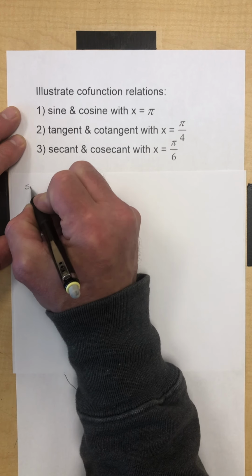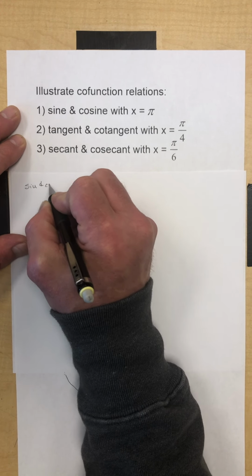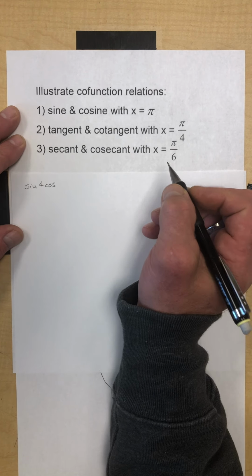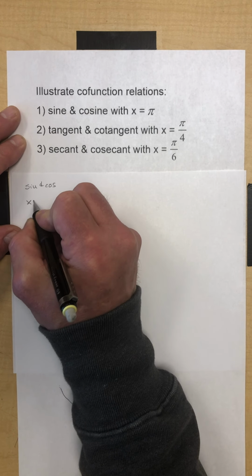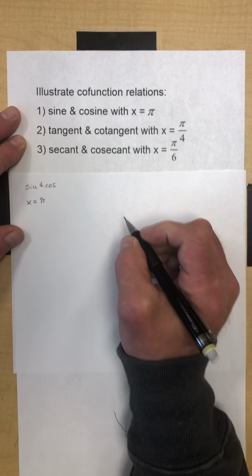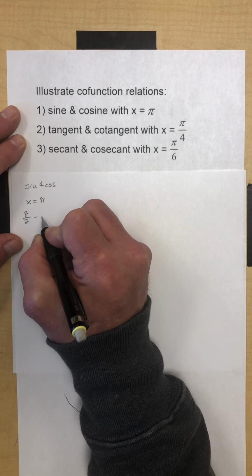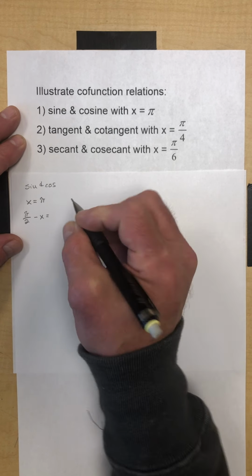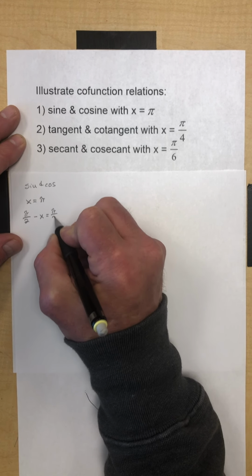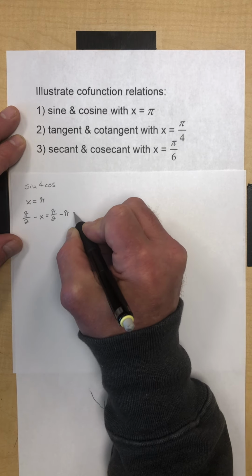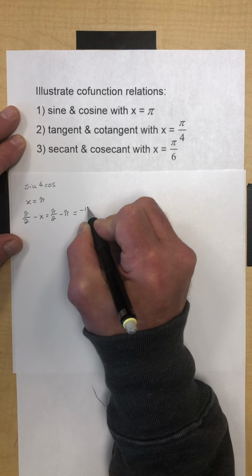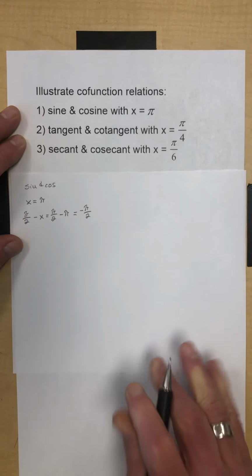So if we let x equal pi, then pi over 2 minus x would end up being pi over 2 minus pi, so we're going to get negative pi over 2.